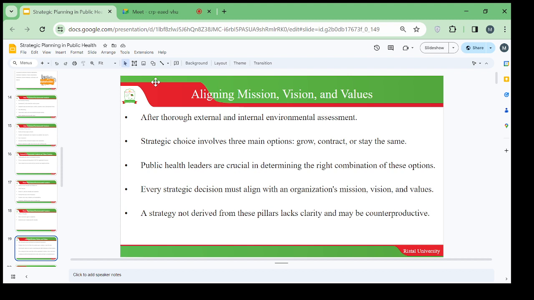Don't deviate and do other things. Often, the chances of deviation happen if, for example, there is another donor who is telling you to do something different which does not align with your vision and mission. And you need to realize that donors will give you money based on your mission and vision. So it's very important that everything that you do in terms of strategic planning aligns well with the mission, vision, and the values of the organization.